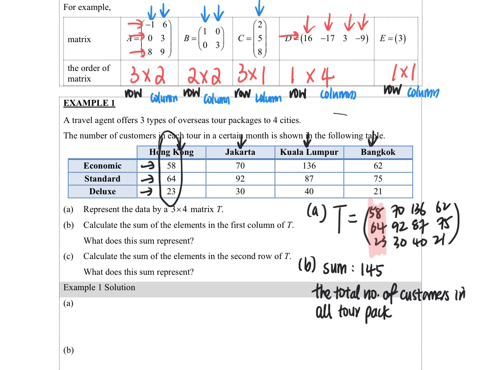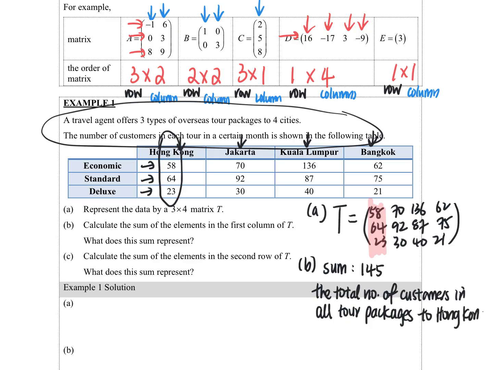So you just read here and rephrase it in the most accurate way: in all the tour packages to Hong Kong. If you want to be specific, it's the economic, standard and deluxe packages to Hong Kong. Basically you must tell them what you have summed.